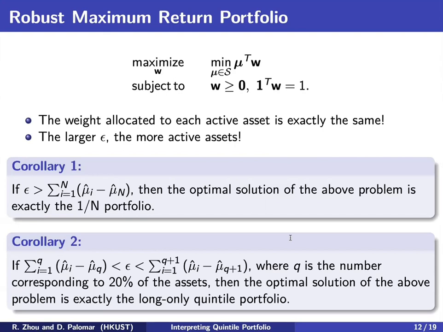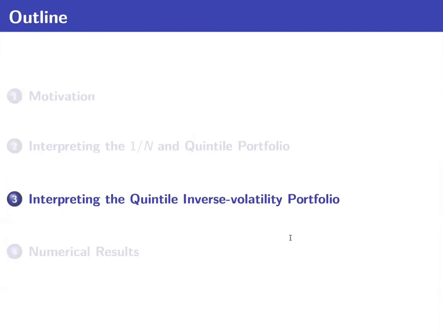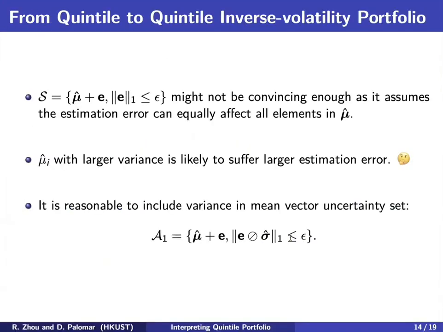But we might think that this uncertainty set might not be very convincing, because it assumes the estimation error can equally affect all elements in the estimated mu. Intuitively, the estimated mu with larger variance should be more likely to suffer large estimation error.